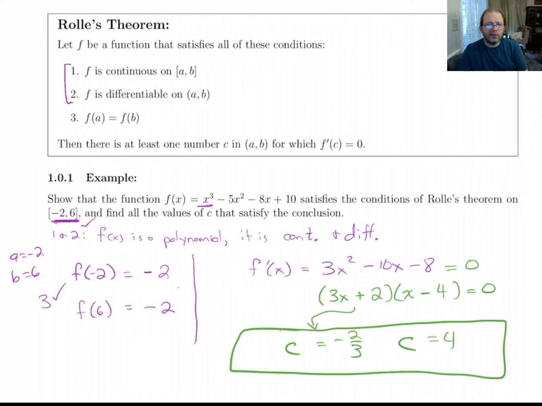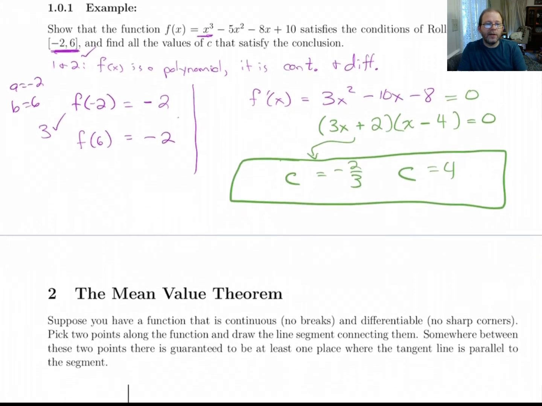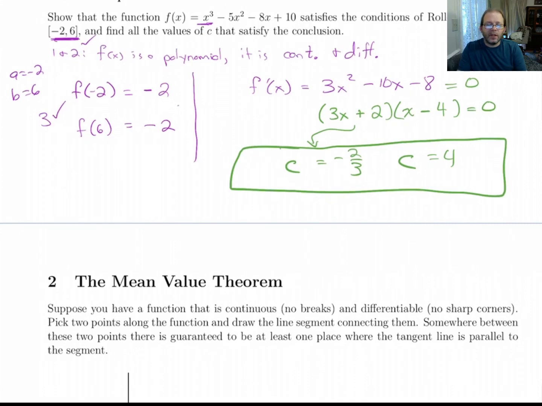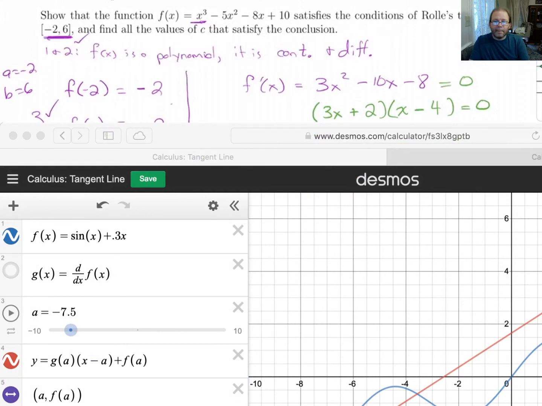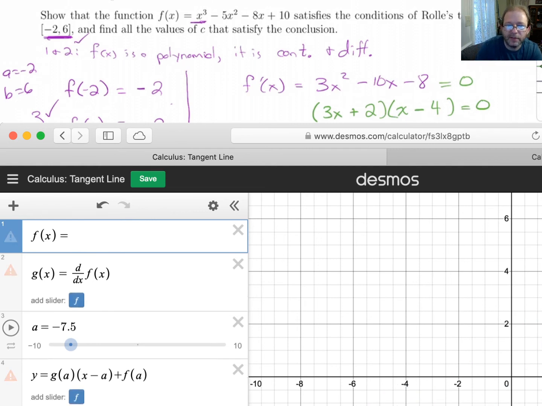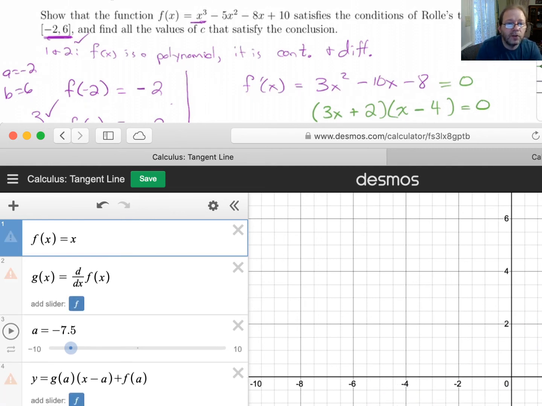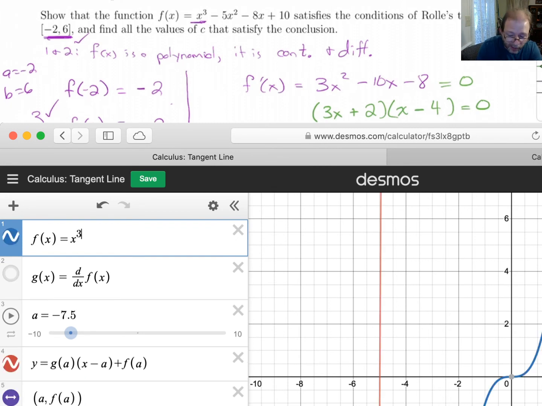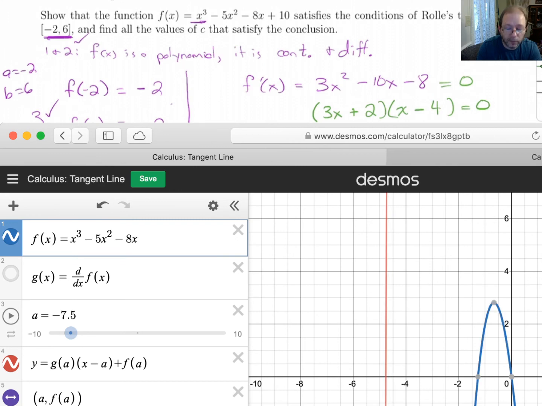Now let's look at this on Desmos just to verify it. This is a Desmos sheet that I put together that graphs tangent lines. So let's see, we've got f of x is x cubed minus 5x squared minus 8x plus 10.